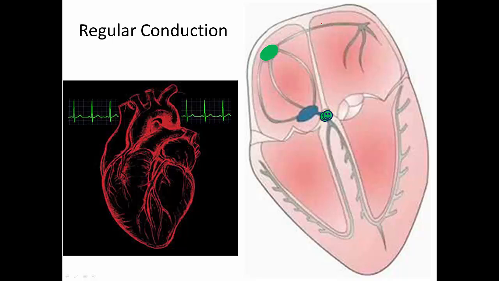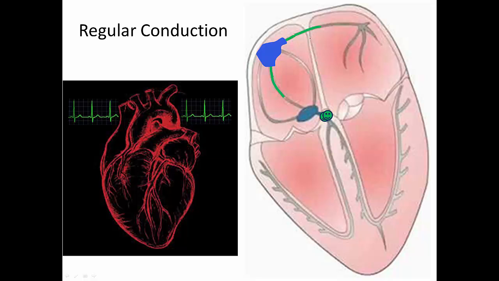So here I have the SA node. It is fired. That's the green part that you're seeing there. And you're going to see that the signal goes fastest down that conduction system. It's kind of like a street that it's just traveling much faster down than the actual muscle cells itself. Next, you see that here in blue, the muscle cells have started to depolarize. That signal has gotten to them. They've depolarized, which means they're starting to contract at this point.